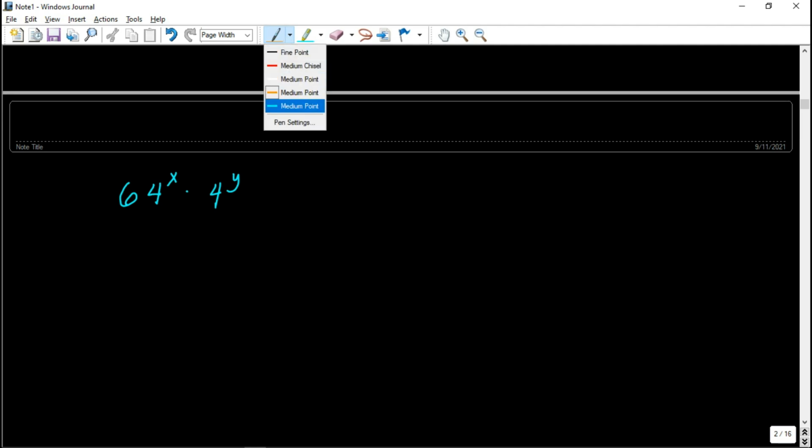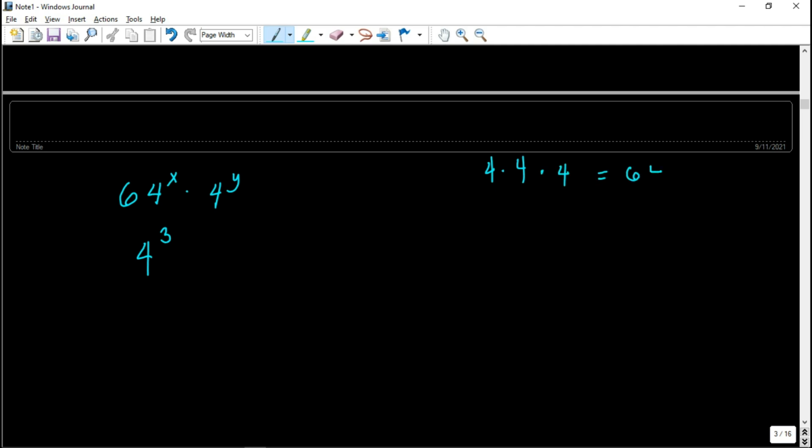So 64 is just equivalent to 4 cubed. Let's check: 4 times 4, 16. 16 times 4, that is 64. So that is 4 cubed. So 4 cubed, the 64, then raised to x, and we have here times 4 raised to y.